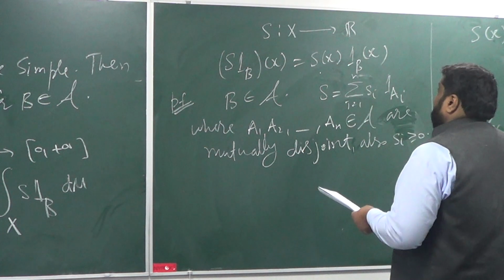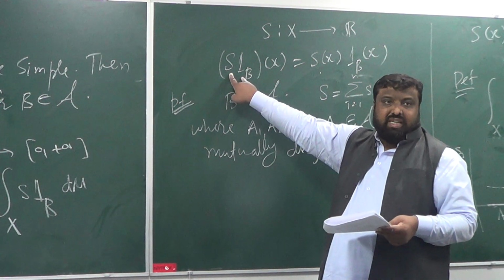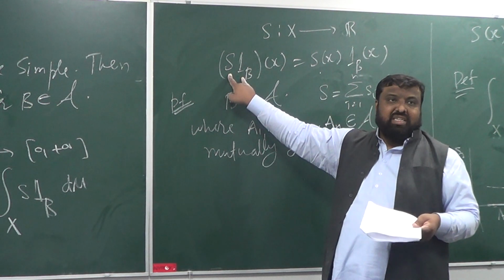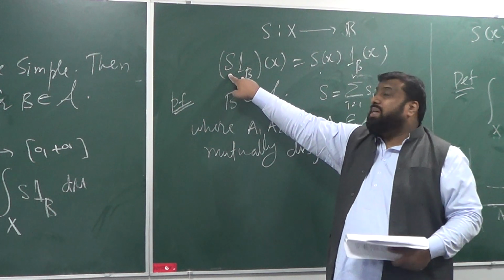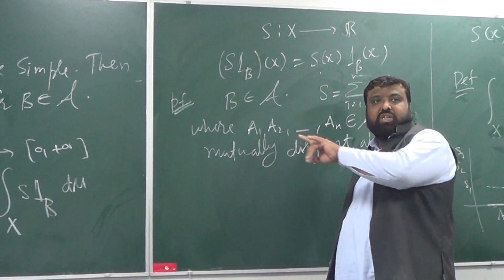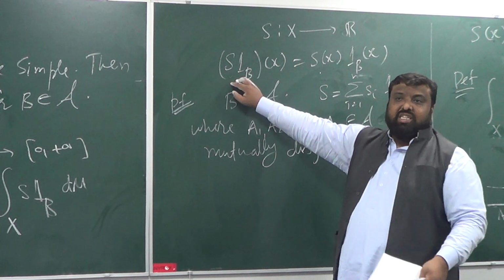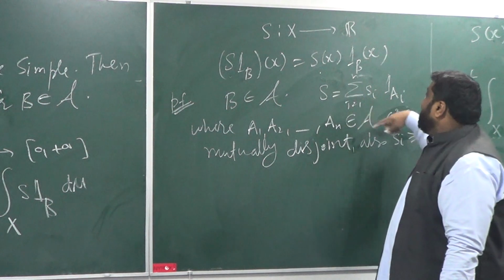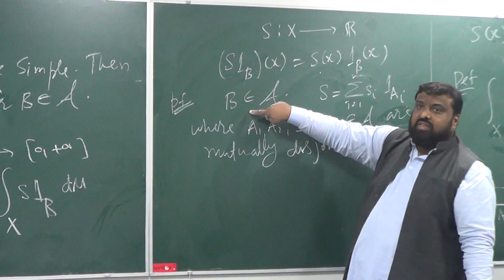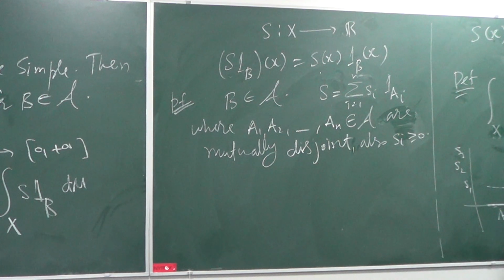Now essentially you have to see what the domain of this function S times indicator of B would be. Obviously it's going to be the whole X, but if you want to see this as a simple function, you have to tell the sets on which it works as a simple function. S is defined through these A_i's, so the part of A_i's which lie in B is what matters, because on that both functions work.